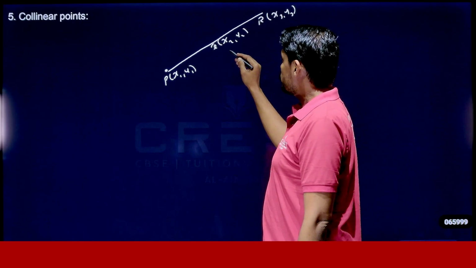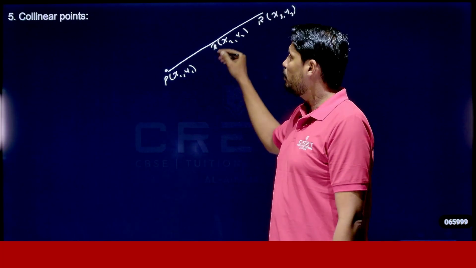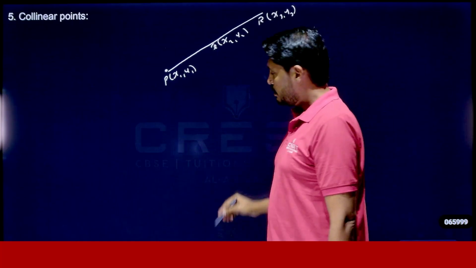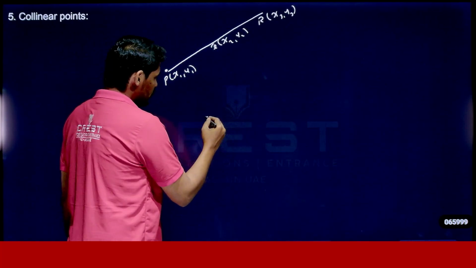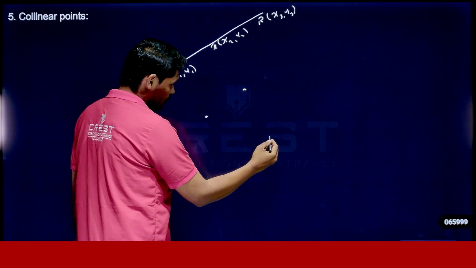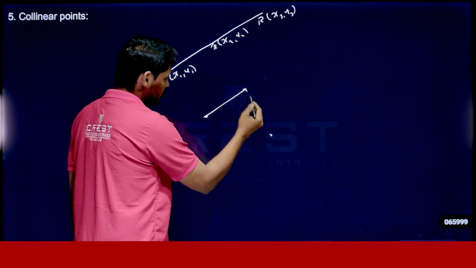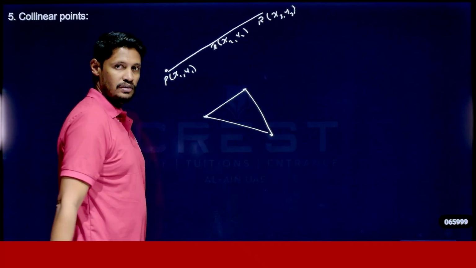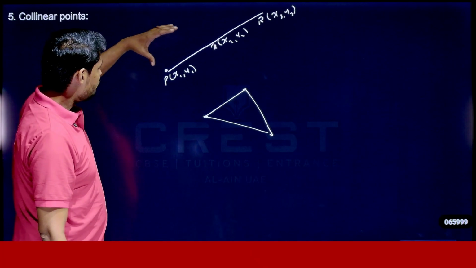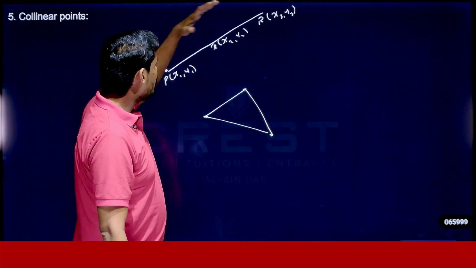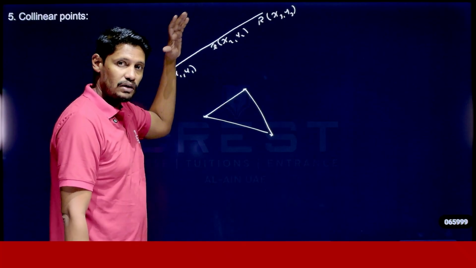The points that lie on a line are called collinear points. If the points are not lying on a line, suppose one point is here and another is here, you will get a triangle. This is not collinear in the case of 3 points. If your points lie on the same line, we can say that the points are collinear.